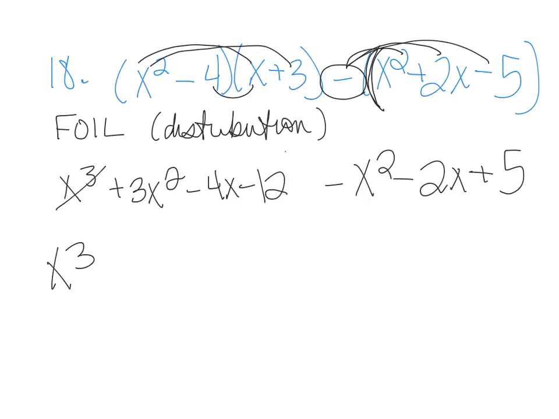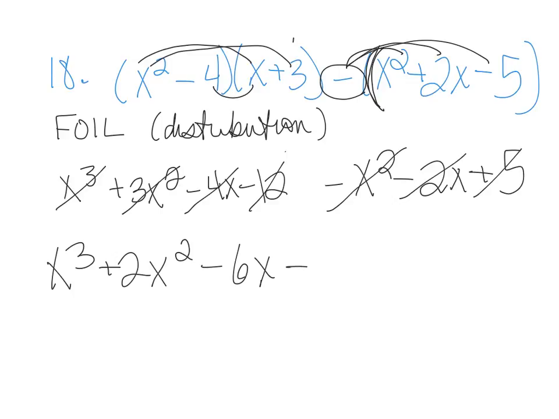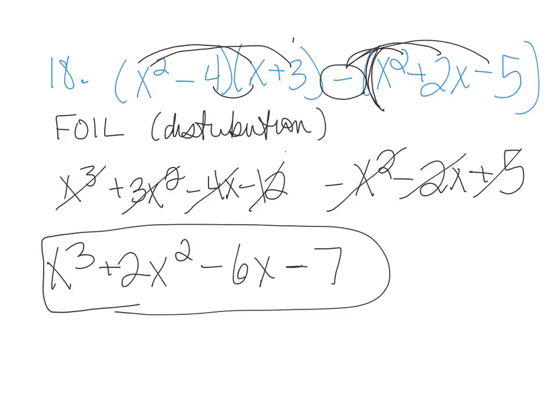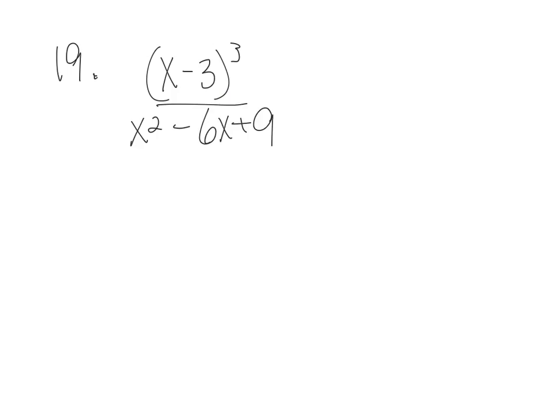X cubed, I have a 3x squared minus x squared, minus 4x minus 2x, minus 12 plus 5. Check the answer key, and we are correct. Yay!